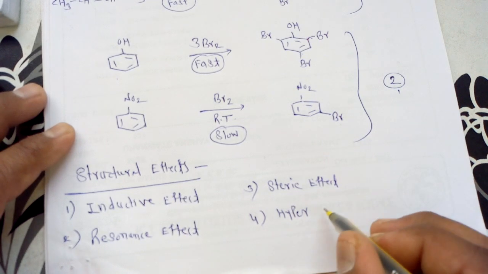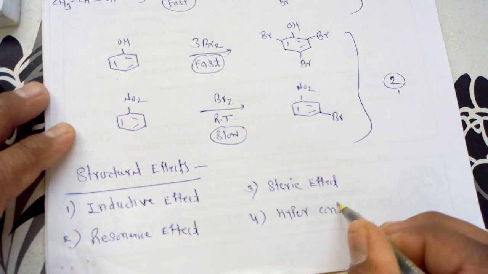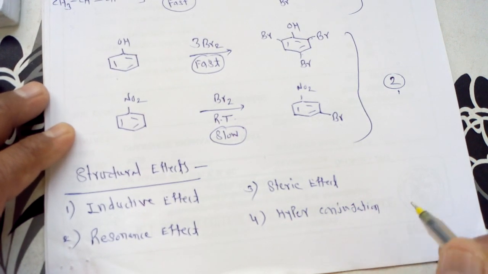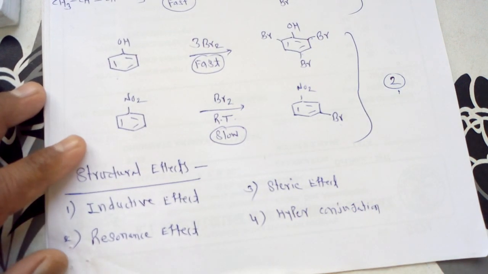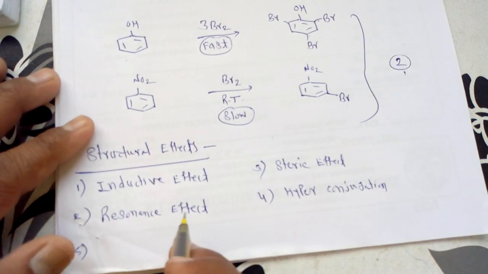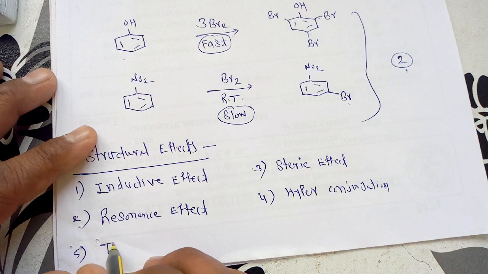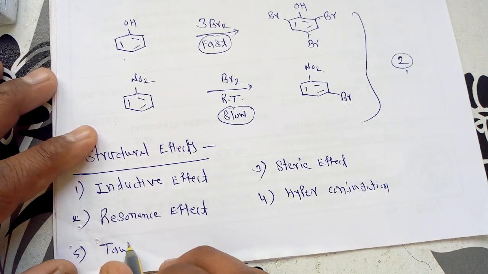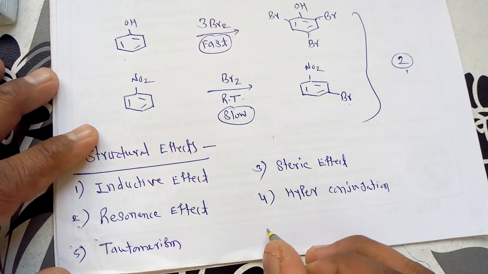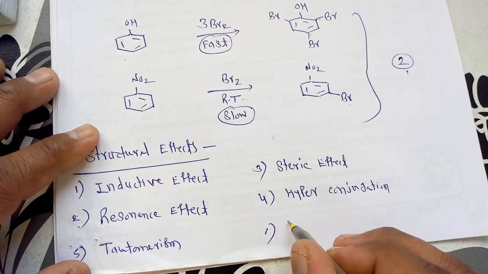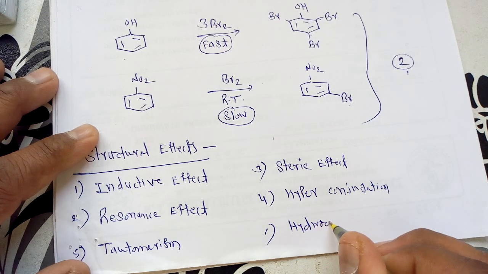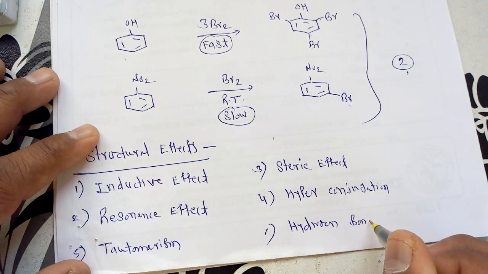Next, effect number 5, is called tautomerism. And the last important effect is called hydrogen bonding.